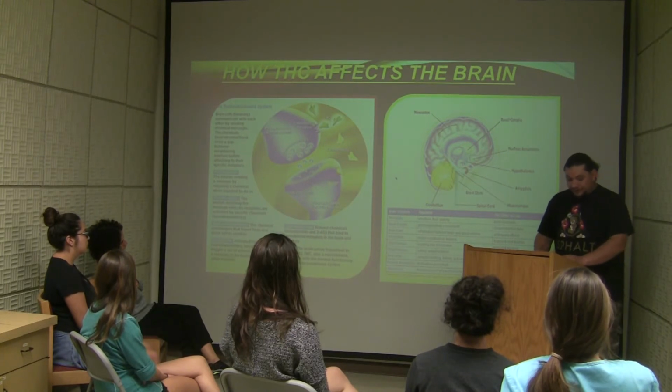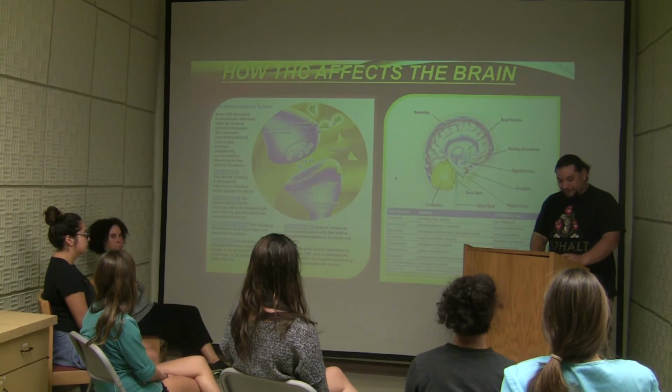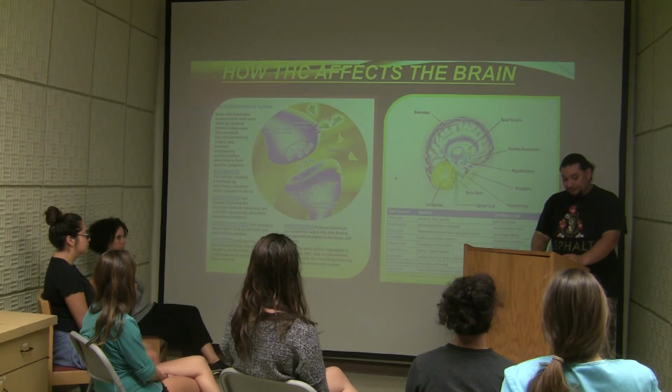The endocannabinoid system in your brain is designed to react to incoming stimulus. THC overwhelms this system, inverts the natural chemicals and functions, and disrupts the EC system. Now, THC and pain.